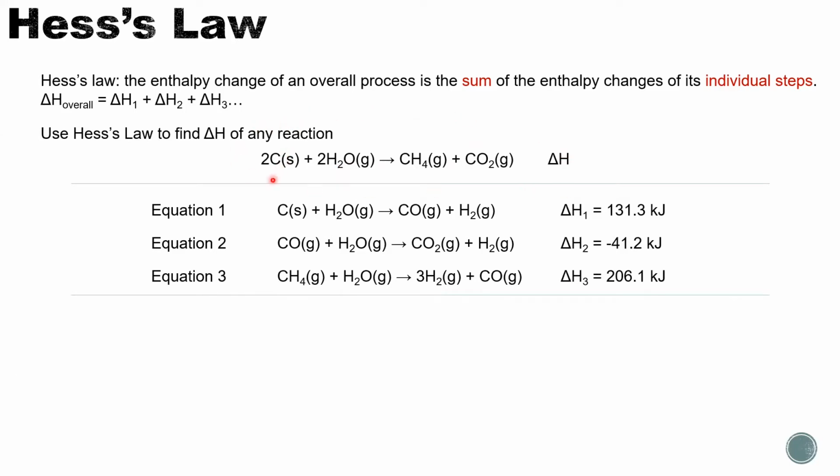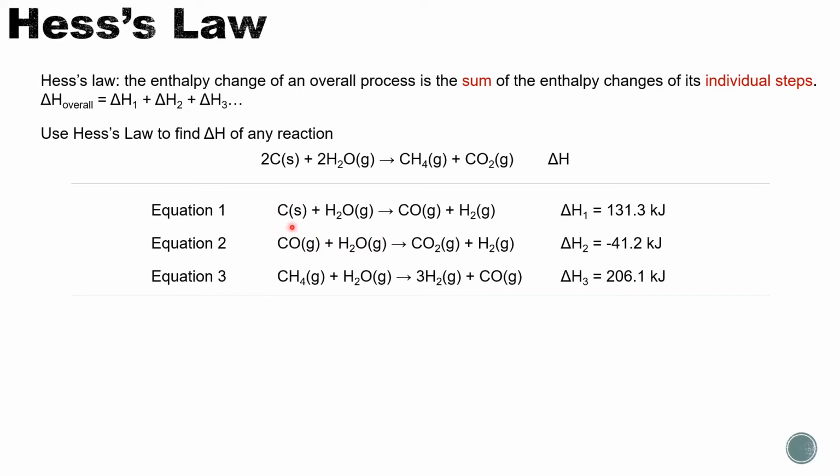We have as a reactant 2 carbons. Of all the 3 steps, only equation 1 contains carbon as a reactant or product. However, the coefficient of carbon in equation 1 is 1.